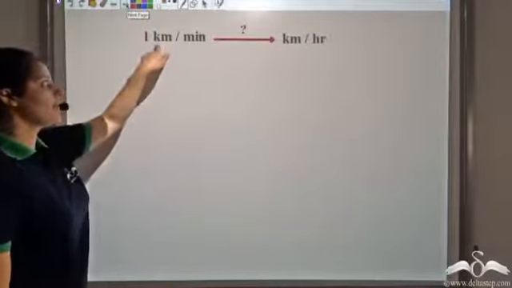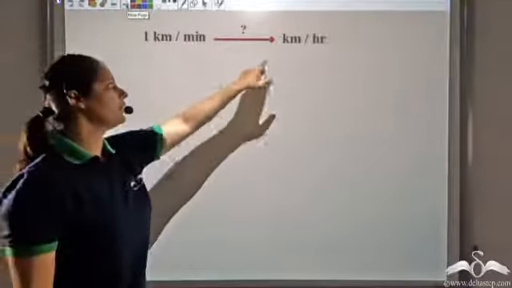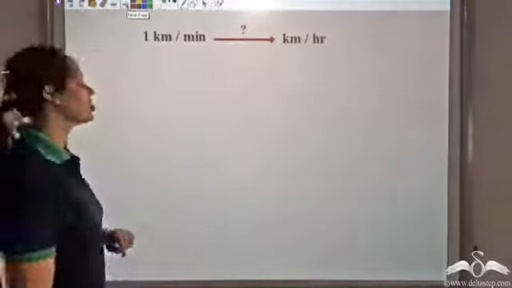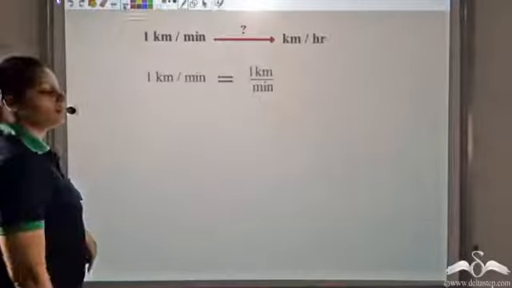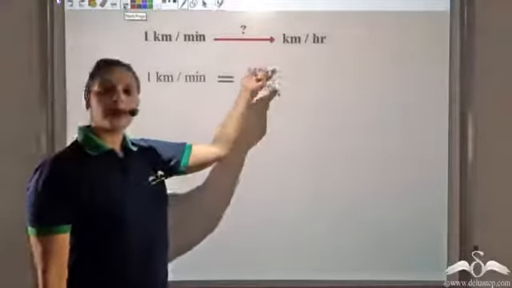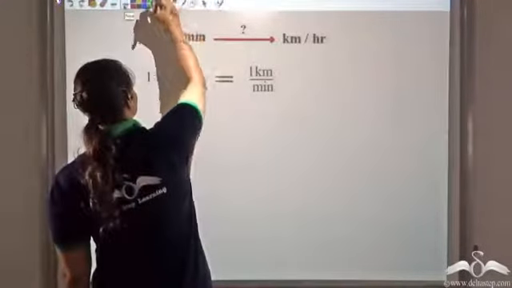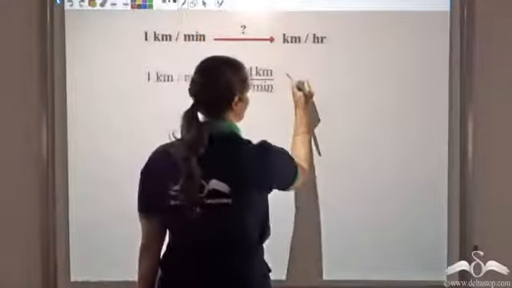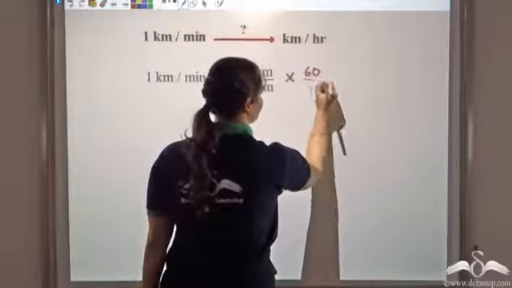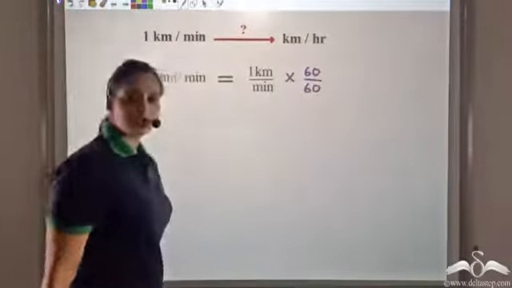I want to see how can I convert 1 kilometer per minute into kilometers per hour. We know that 1 kilometer per minute is nothing but 1 kilometer divided by a minute. Now I can multiply and divide by 60. That would not change the value.